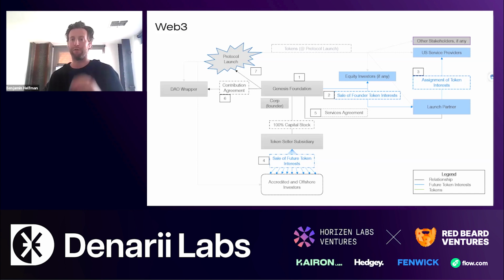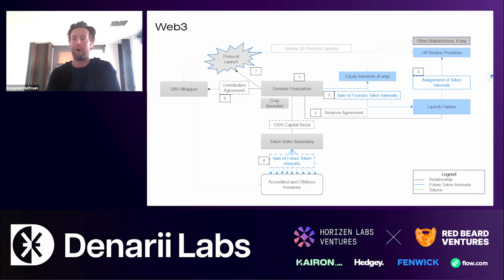And one reason to choose the DAO wrapper at this stage is that if, instead of going through an OTC desk at the time of launch, you have a group of sophisticated investors who want the token exposure and are willing to provide that treasury diversification at the DAO wrapper, and you can ensure that you have that lined up prior to launch, then you can disclose it as part of the announcement of the token launch and of the creation of this DAO legal wrapper.